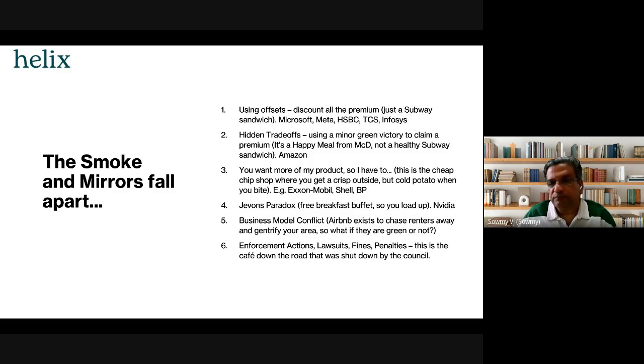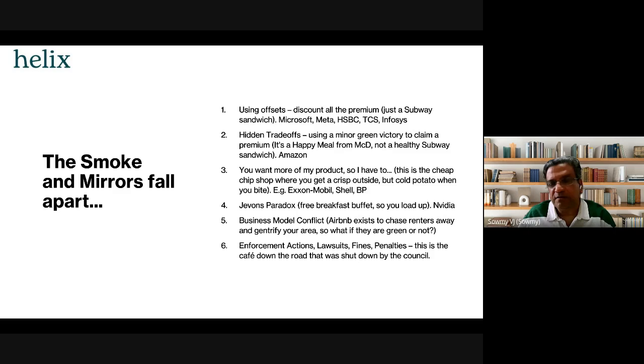So number one, mechanism that a number of companies like Microsoft, Meta, HSBC, TCS, Infosys, I can probably list a number of companies using offsets, right? Carbon offsets.